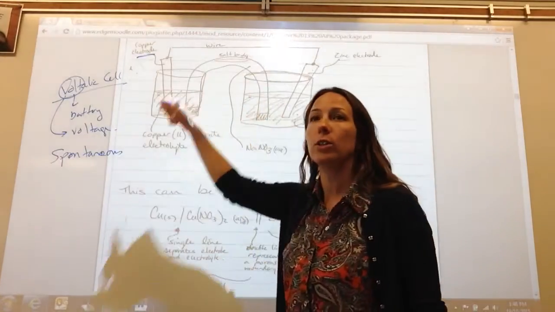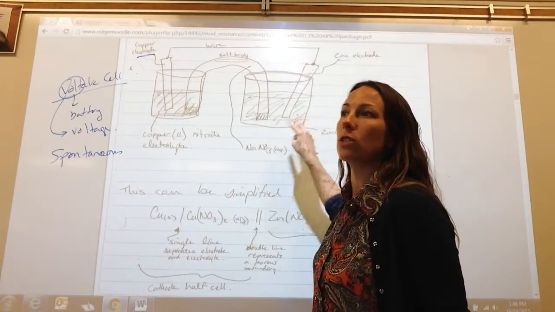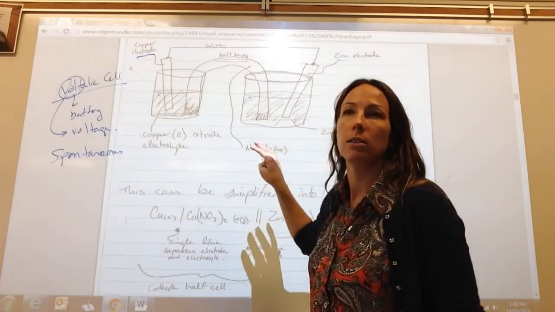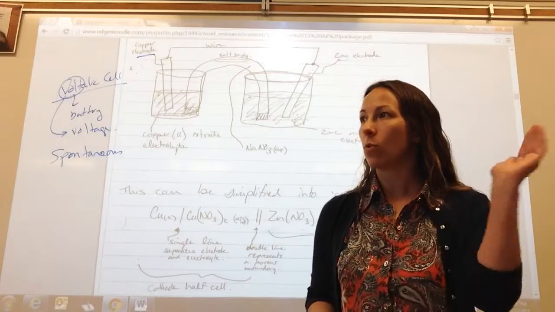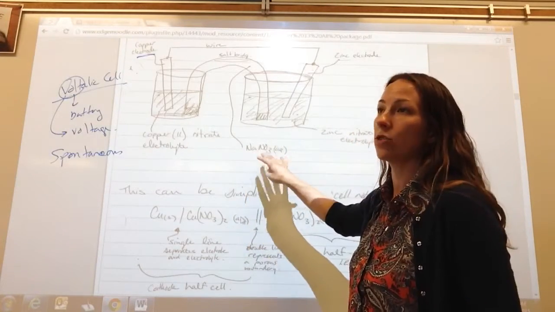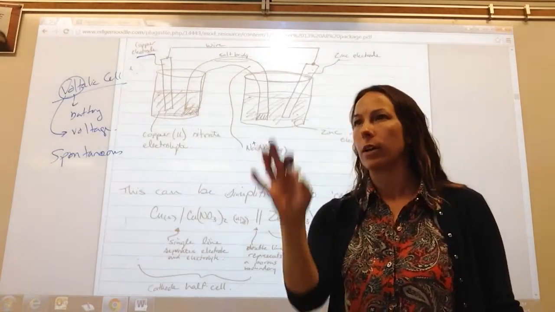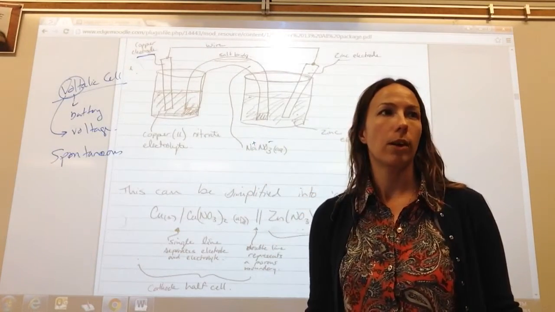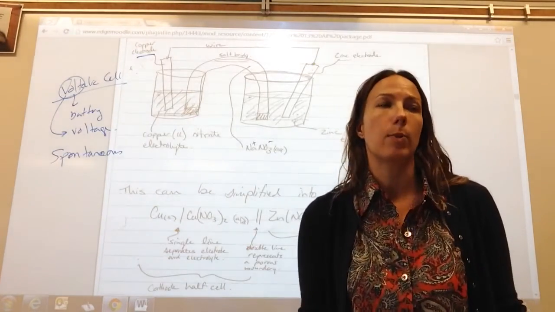And in my salt bridge, I need to have either the same as one of these solutions or something that won't react. Something that's so low in the species list that it won't be a strongest of anything. So here I've got some sodium nitrate because we all know Na+ and NO3- are both very low on the reactivity. So you're choosing something you would want to be a spectator ion.